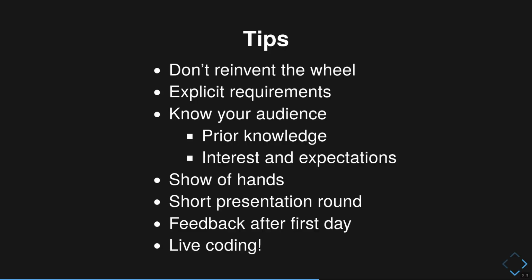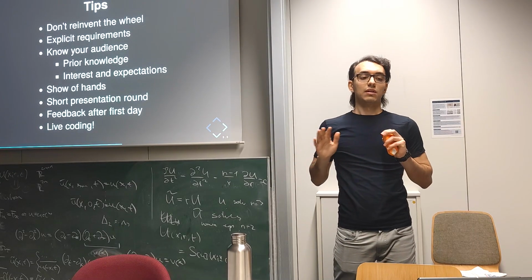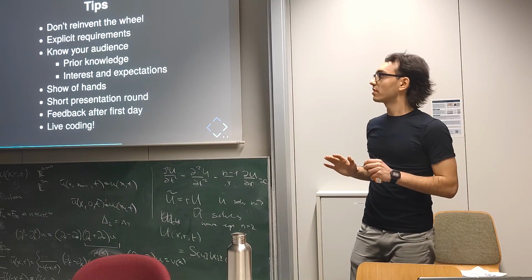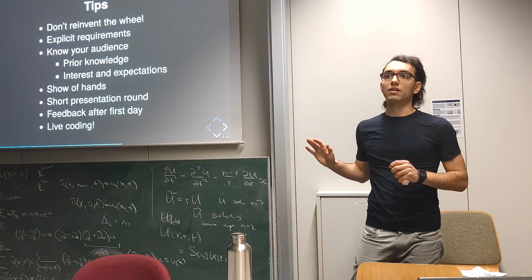And before starting the course, when you are advertising, be explicit about your requirements. Because if you want to teach a course about Rust, which is a rather advanced programming language, and you have a person that is excited about learning how to program, but they have no experience whatsoever in programming, then that will be very hard.